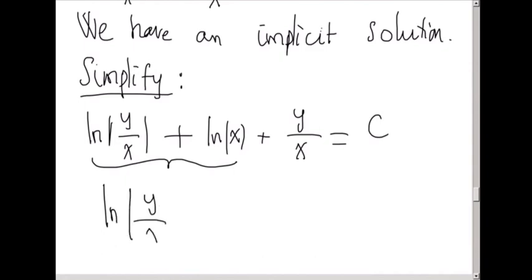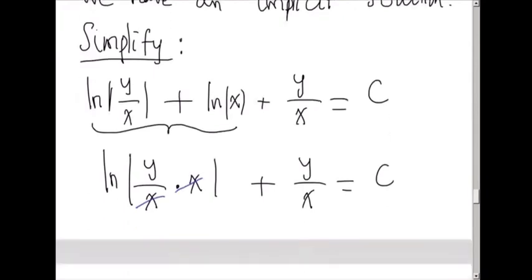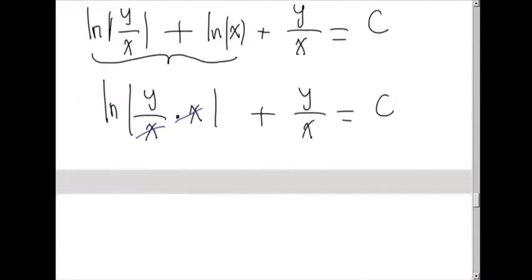So y over x times x, that's the rule of logarithm. And then we can cancel the x, and we get a better looking solution in which we just have natural log of absolute value of y plus y over x equal to c.